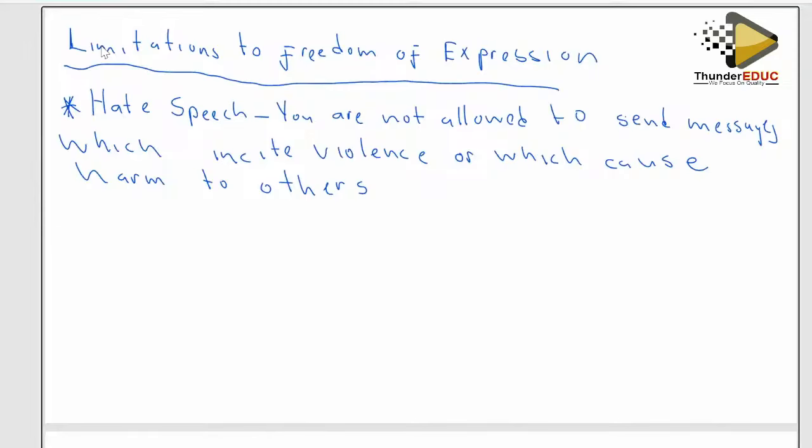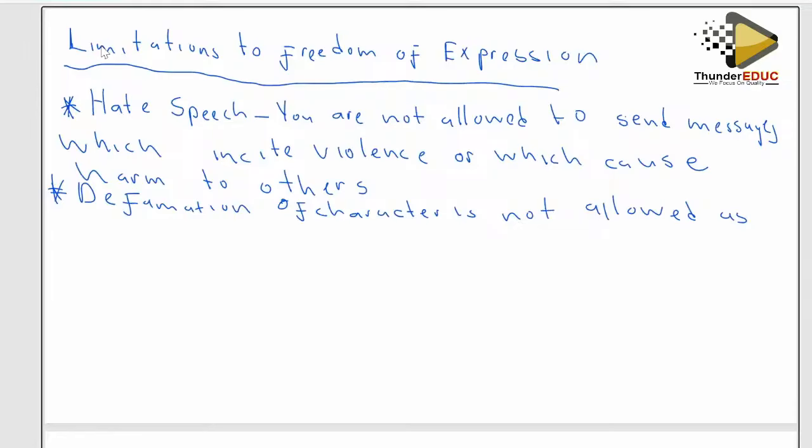In addition to that, defamation of character is not allowed as well, as it hurts the reputation of a person.